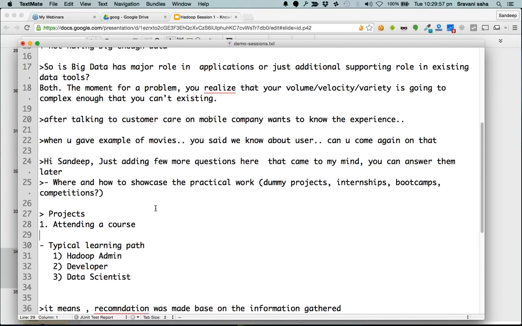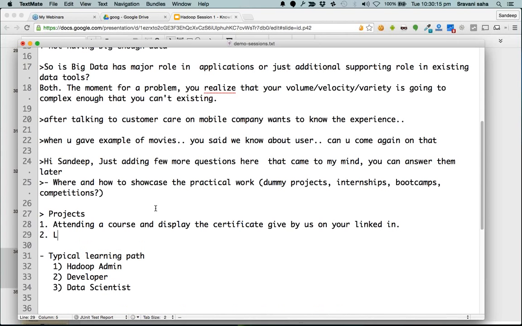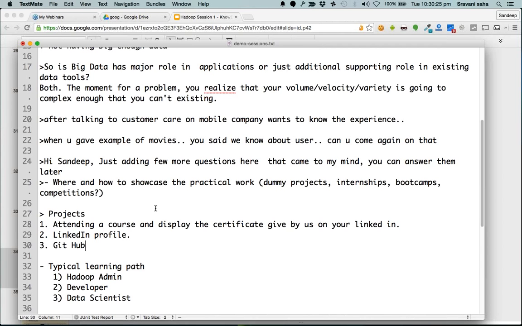So what can you do about building a profile? One is attending a course and displaying the certificate given by us on your LinkedIn profile. As of today, LinkedIn profiles are great for displaying. Third, you can display things on GitHub.